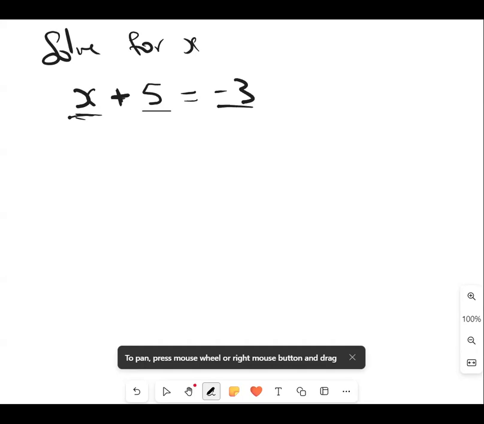And some people by inspection can tell that number. Can anybody watch this and tell me what x could be? What number, when you add it to 5, gives you -3?